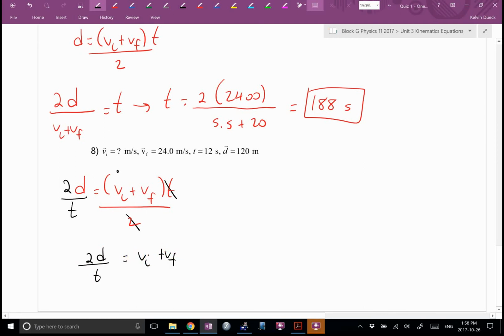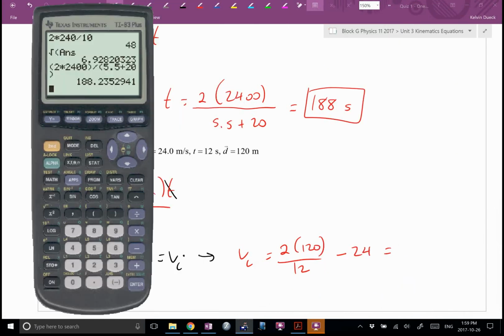How would I move the VF over? Something like that. So, VI is going to be 2 times D, 120, divided by T, 12, minus 24. 2 times 120 divided by 12.